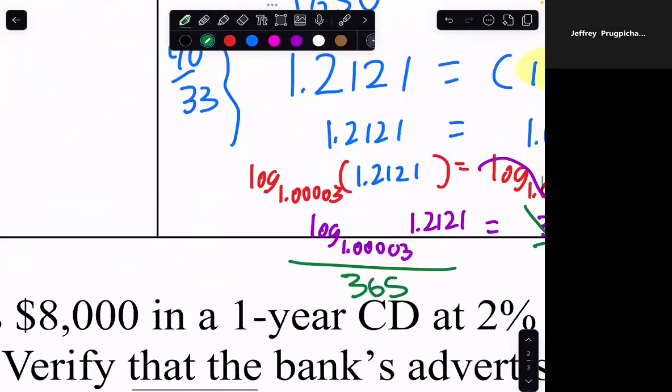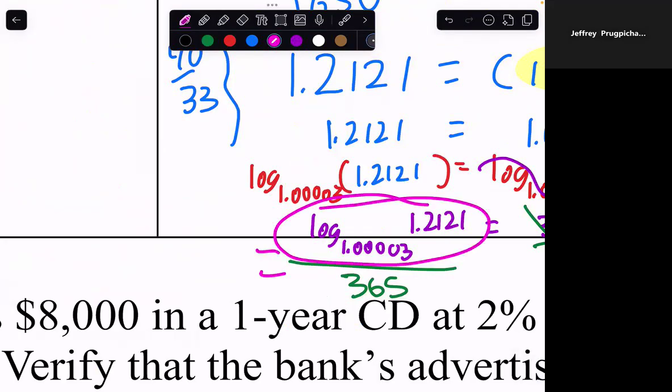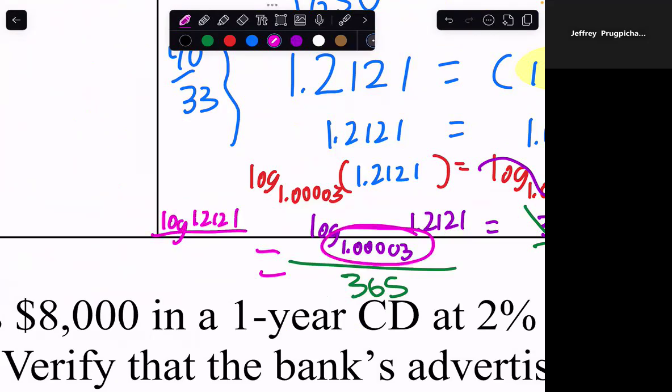For what you actually type into your calculator, in order to type in the numerator, you would rewrite it as common log of the argument divided by common log of the base. You do that first, then you take that answer divided by 365.